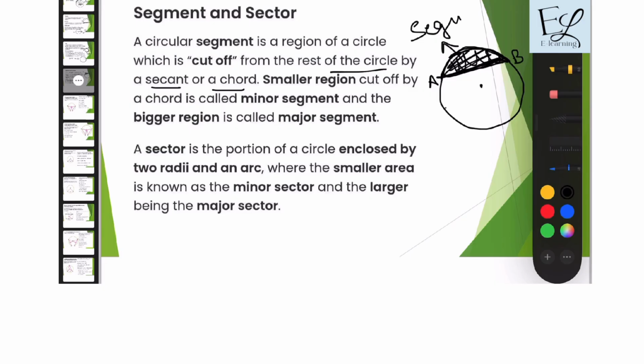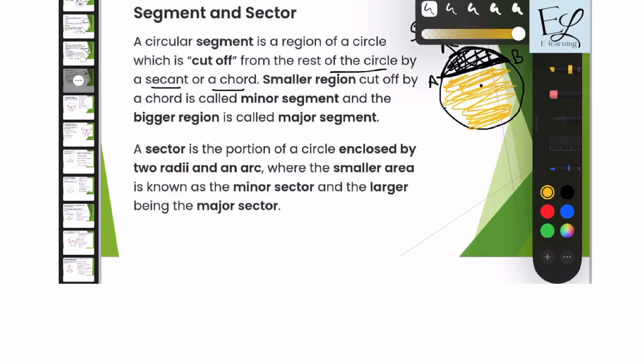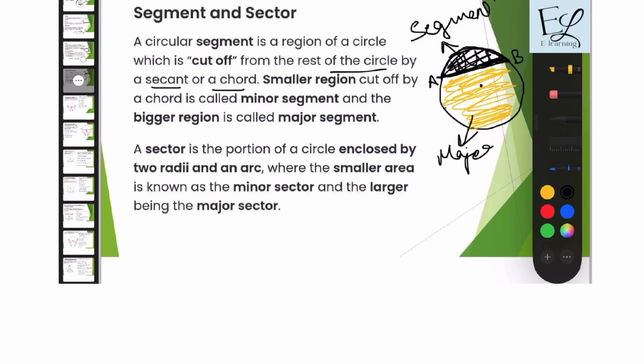This shaded portion is your minor segment. The yellow shaded part is also a segment, but this will be your major segment, the larger part, and the smaller part is the minor segment. So what is a segment? A region of a circle which is cut off from the rest of the circle by a secant or a chord.